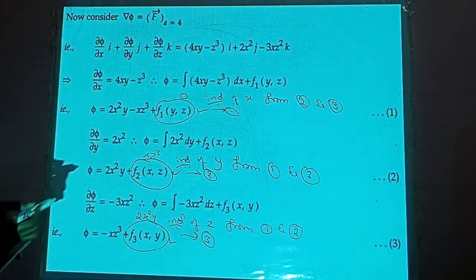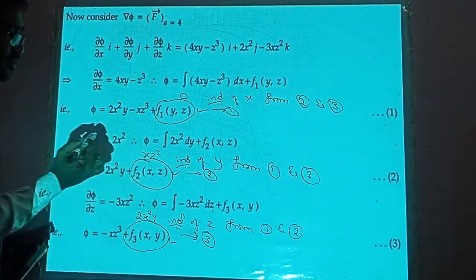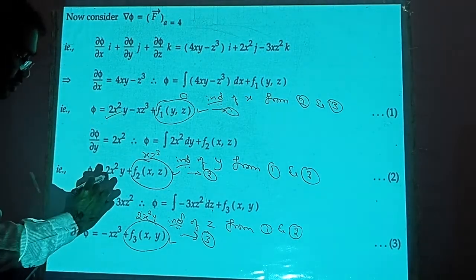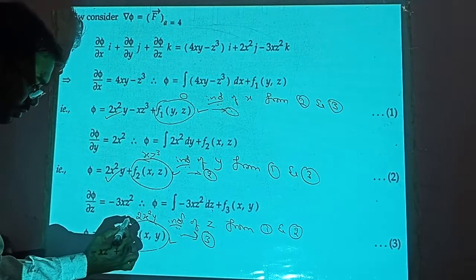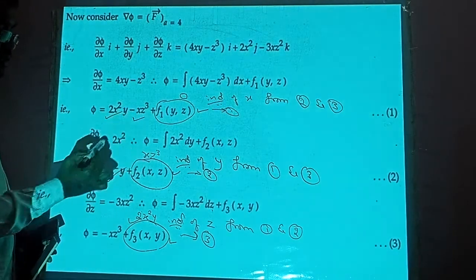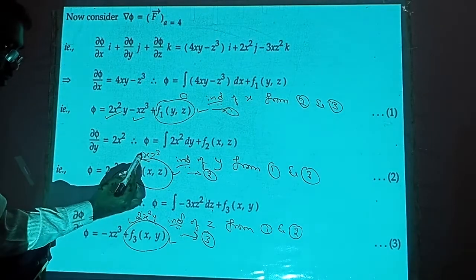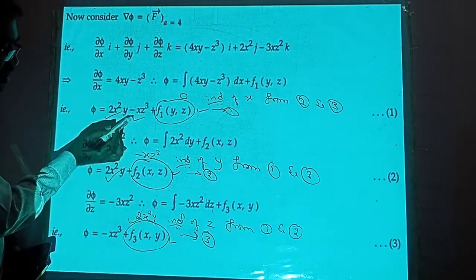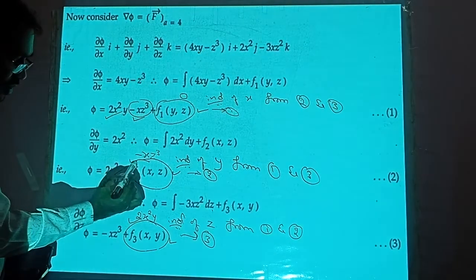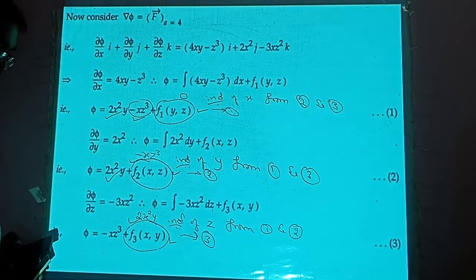Let us see whether we got a unique function or not. See, 2x square y, minus xz cube. Here we need to take minus xz cube, because this term was minus xz cube.